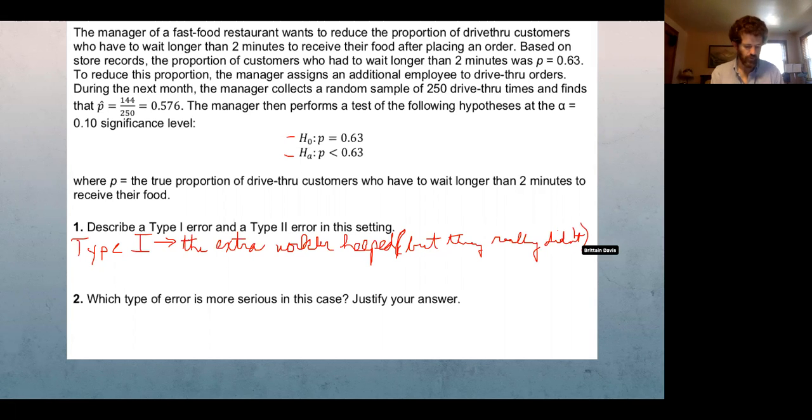Okay, so we conclude that that extra worker helped out when really they didn't.